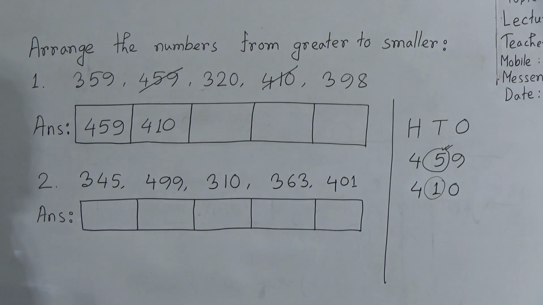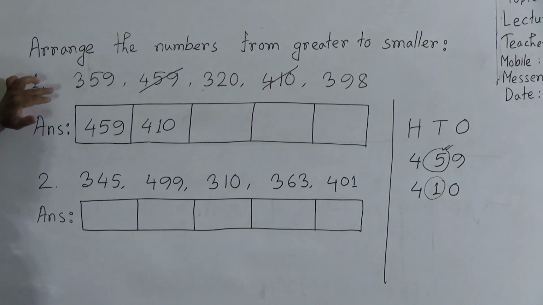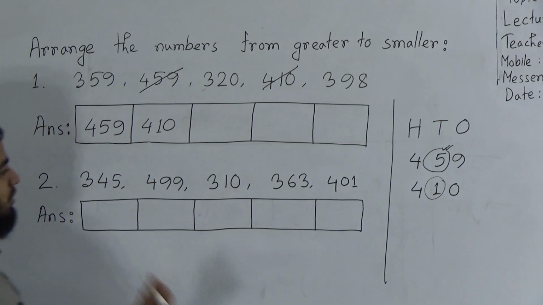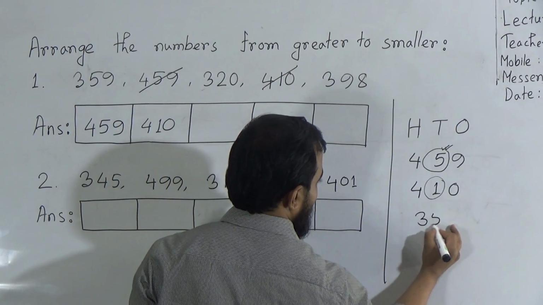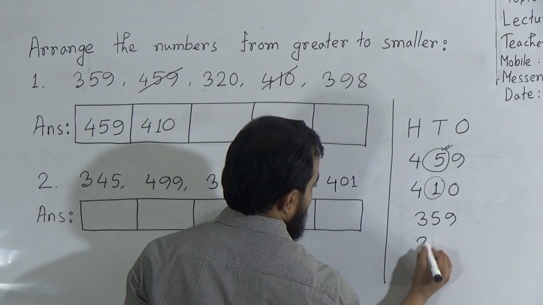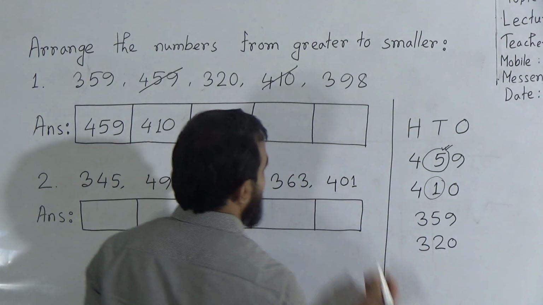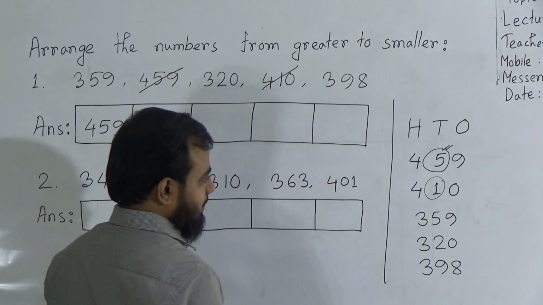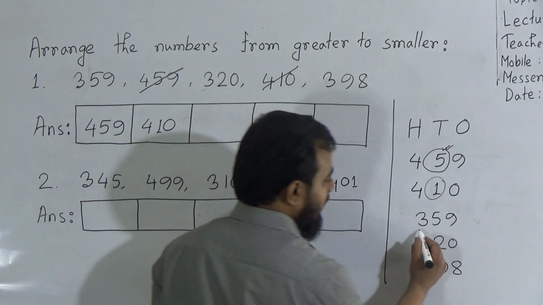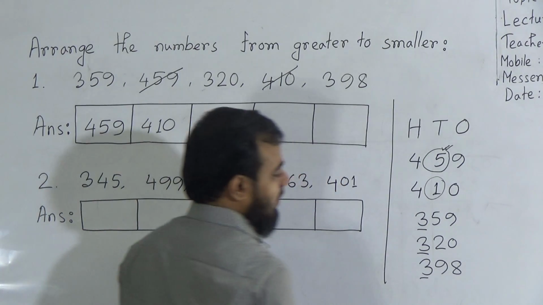Now we have the remaining 3 numbers and all have 3 in the hundreds position. The first number is 359, the second number is 320 and the last number is 398.